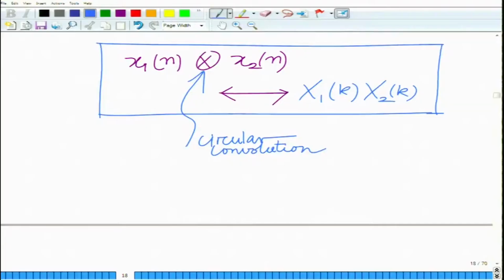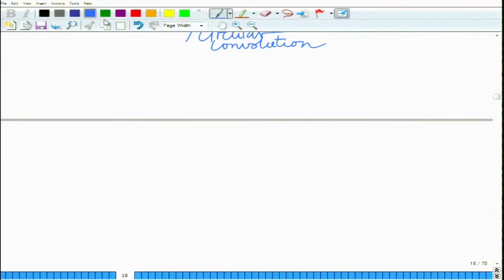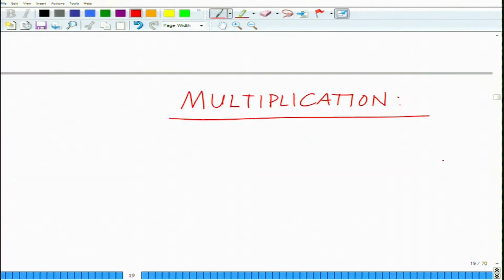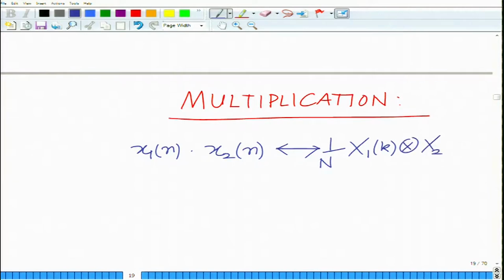On the other hand, when you have multiplication in the time domain, again as a dual property, x1(n) into x2(n) has the DFT, and you can show this, 1 over N times X1(k) circularly convolved with X2(k), because remember capital X1 and capital X2 are also finite length DFT sequences.